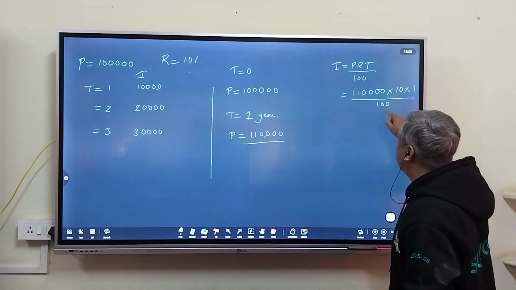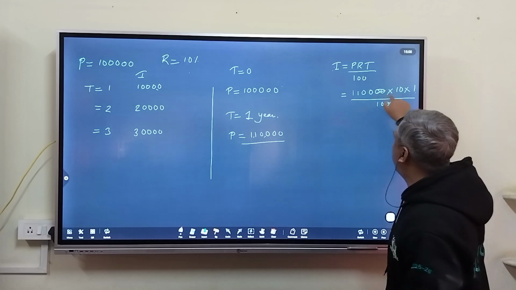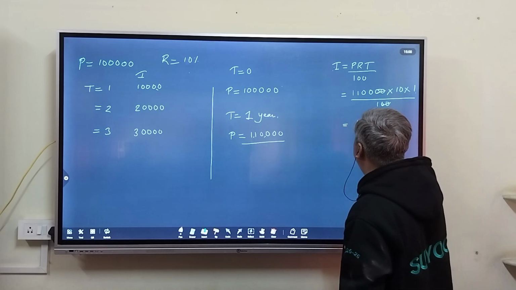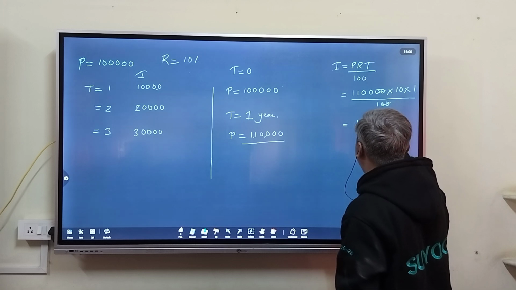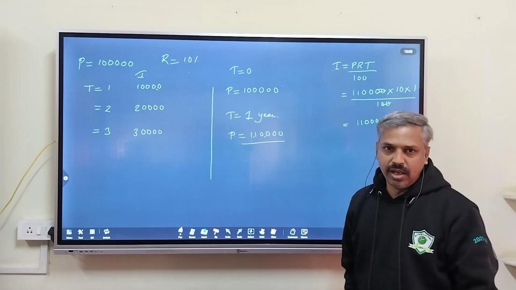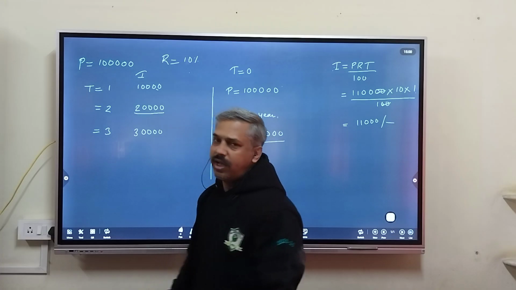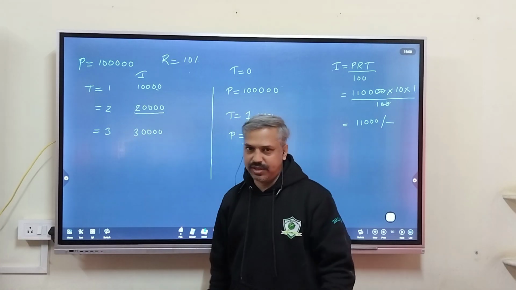Divided by 100. So you get rid of this 100 and these two zeros. 1100 into 10 is 11,000 rupees will be the interest for the second year. Here for the 2 years together, the total interest was 20,000 rupees. That was for simple interest.